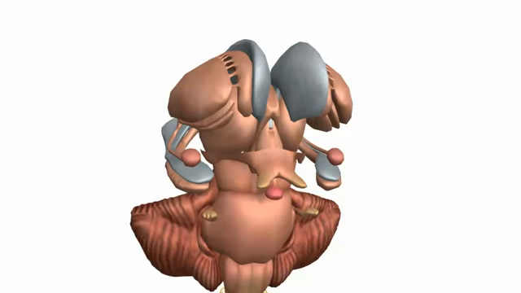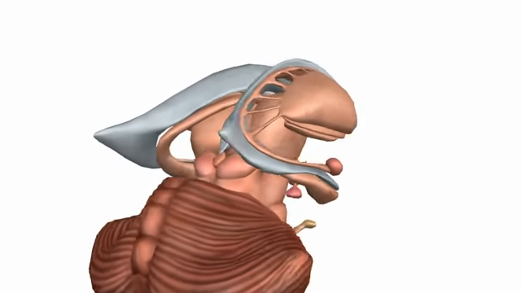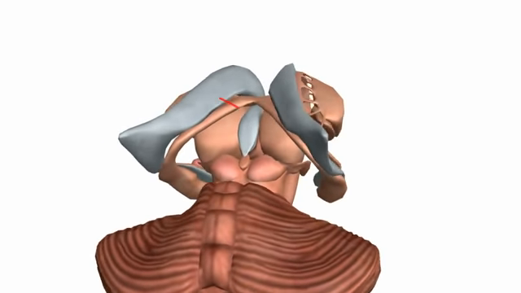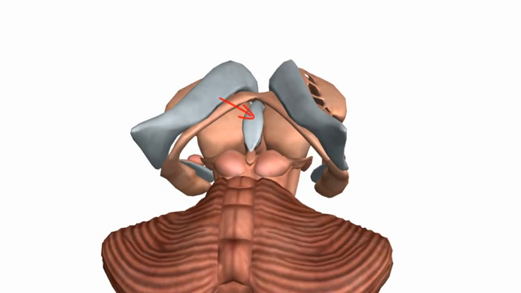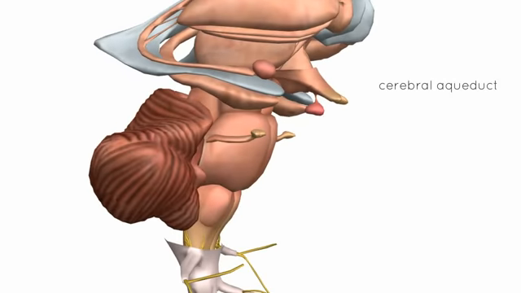So you can see the ventricles in relation to these other structures, and you can see the third ventricle in the midline, and the walls of the third ventricle are made up by the walls of the thalamus, and the cerebral aqueduct runs within the midbrain to connect to the fourth ventricle.